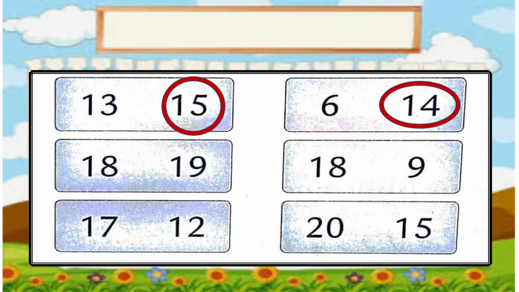Now see which is the next number, 18 and 19. So here number 19 is the bigger number, we have to make a circle around it. Now see which is the next, 18 and 9.